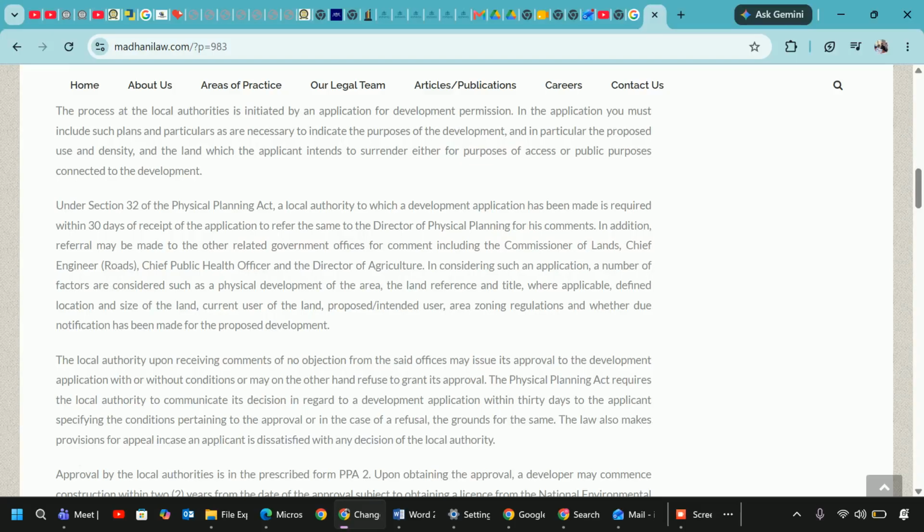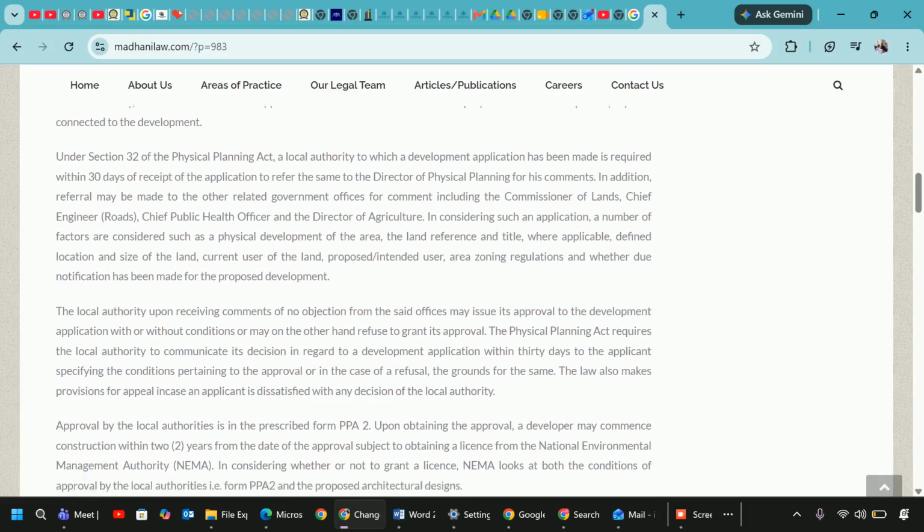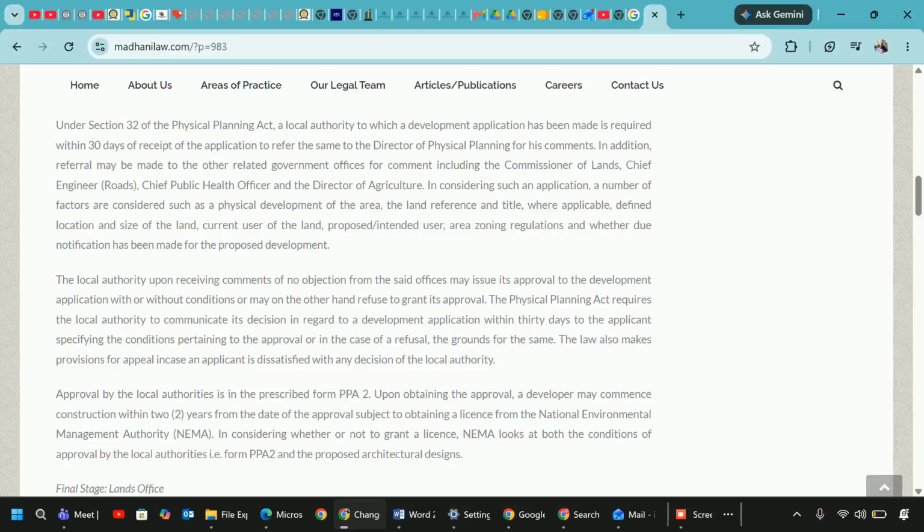This is also a key player in this activity. And in addition, the Director of Physical Planning will not only be the key player, but also other stakeholders like the Chief Engineer of the roads, a Chief Public Health Officer, and the Director of Agriculture will also come into play and consider the application, and their comments will be considered.